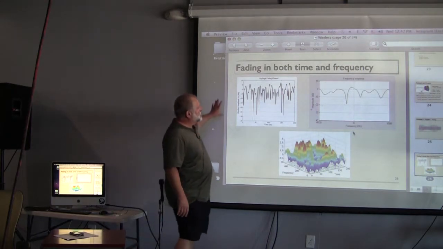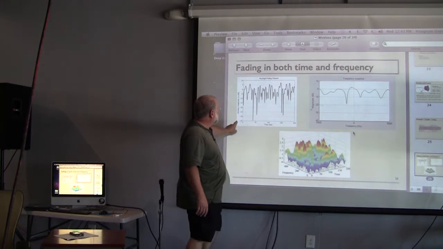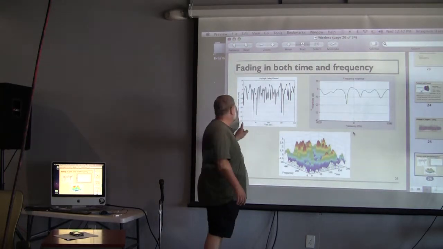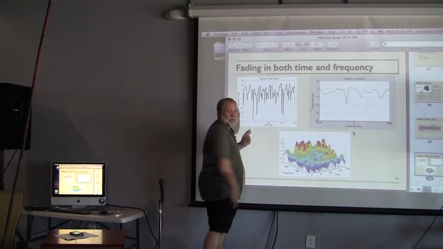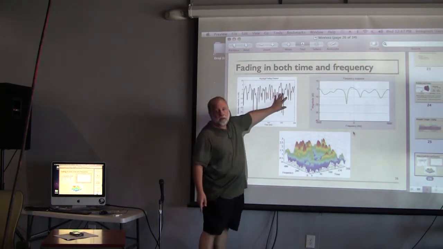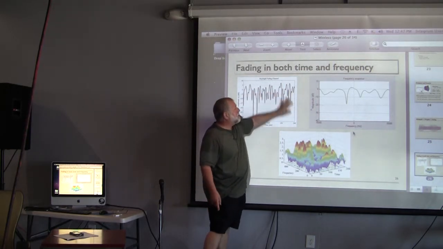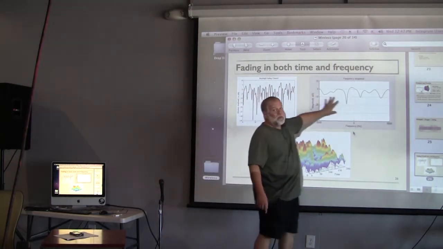This is showing kind of realistic fading phenomena. This is in time, about 200 milliseconds worth of time, and this is probably for a vehicle going at about 60 miles an hour. You also have fading in frequency too.